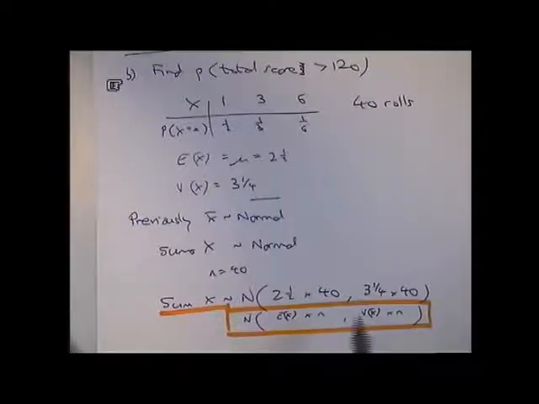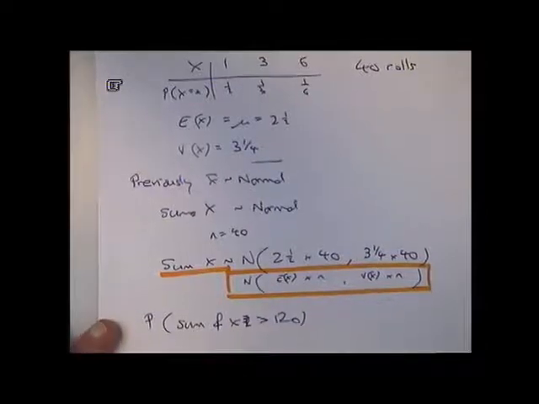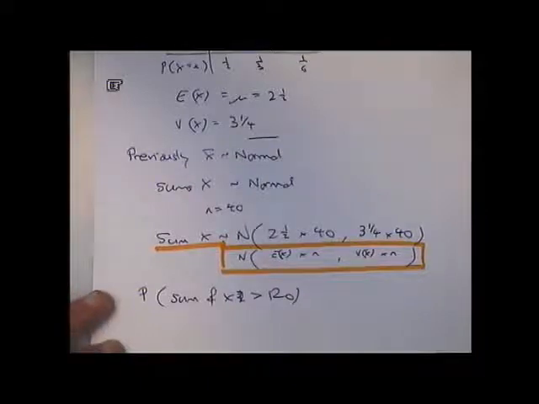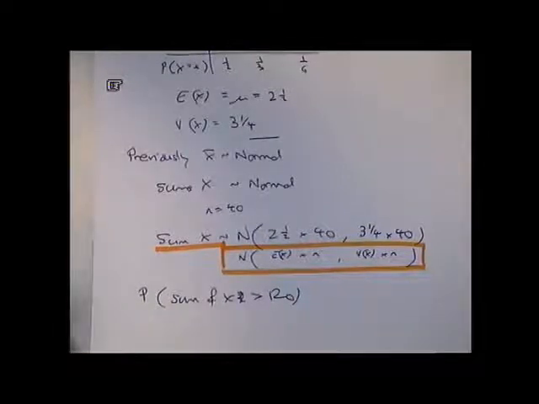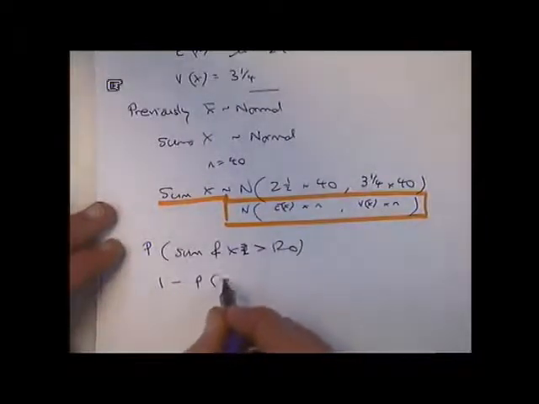So if we've got our distribution, this question was asking us the probability that the sum of the scores is greater than 120. And I now have my sum is distributed like this. What would be a good first move if you've got to do a probability that the sum of the x's is greater than 120? 1 minus the probability it is less than 120.